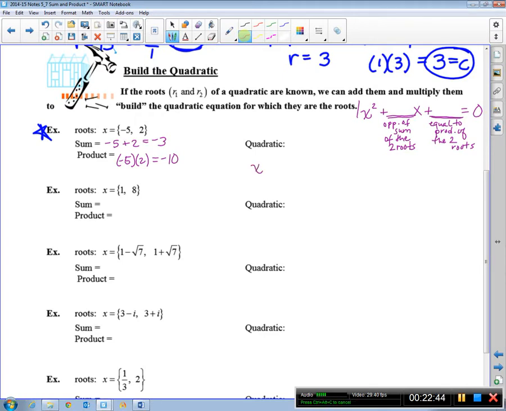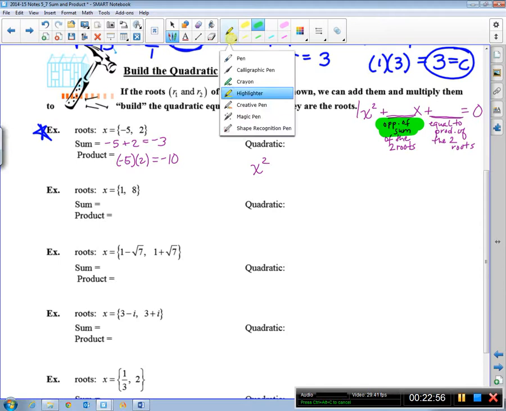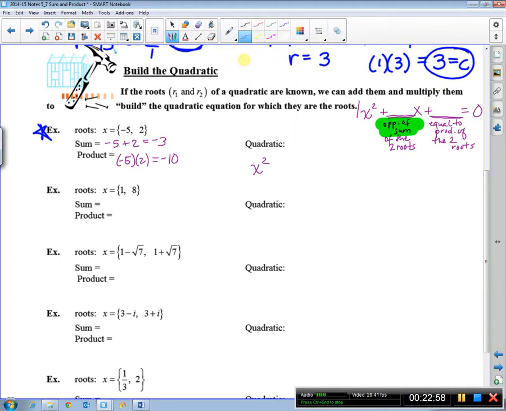My quadratic will be x squared. And then we want, pay attention because it's the opposite of the sum next. Whoops. Opposite of the sum goes there. So if the sum was -3, we have +3x. And then in the last slot, the product of the two roots, which is -10. And we're making equations, so don't forget your equal sign.